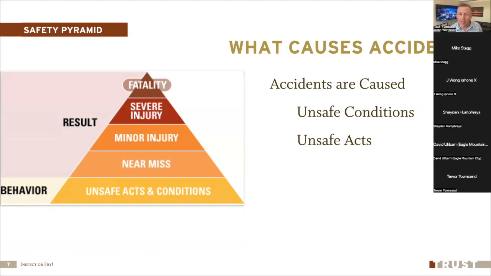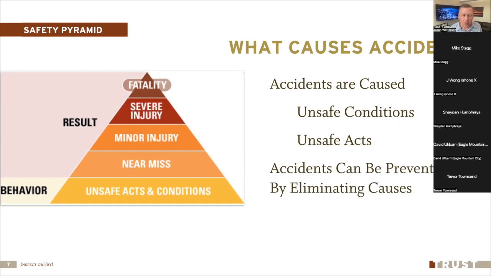We could take a guard off of a tool, off of a piece of equipment, and we create an unsafe condition. We could have a lightning storm come through or a flood, and that could be an unsafe condition that's just a naturally occurring event that happens. I believe that accidents can be prevented, but they need to be prevented by eliminating the causes.